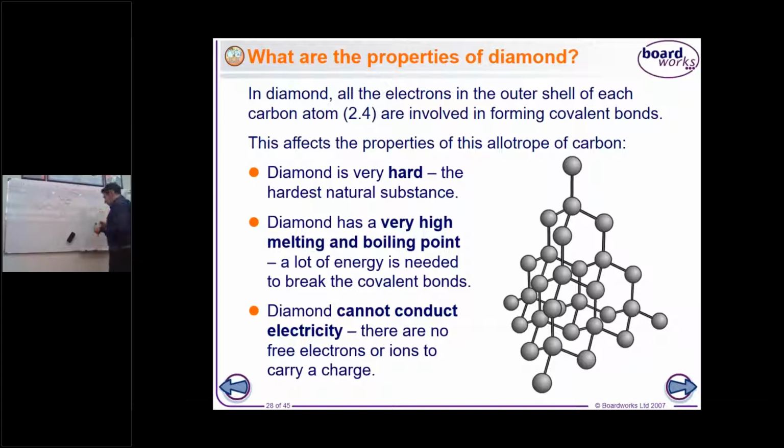So it means in diamond, there are strong force attractions within and between the layers, or between the carbons.